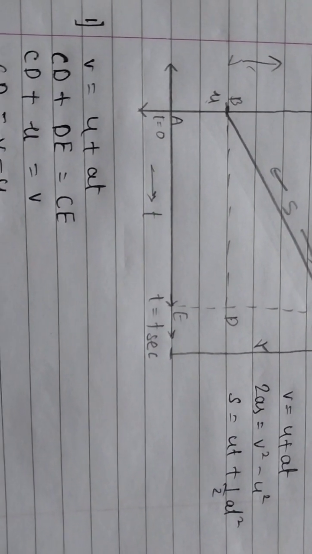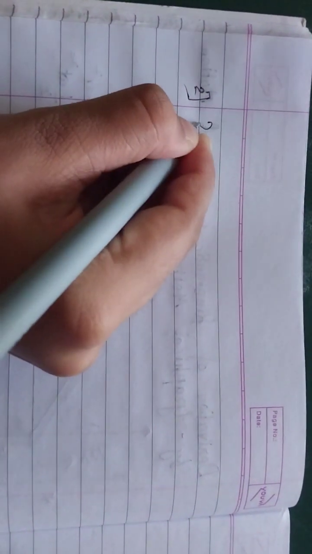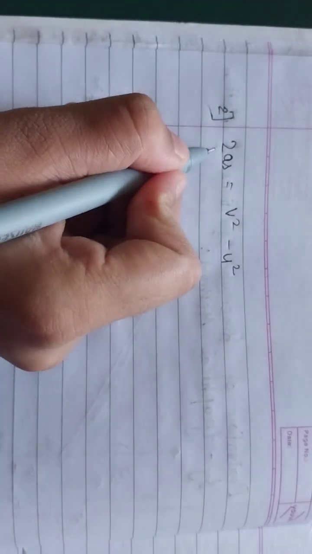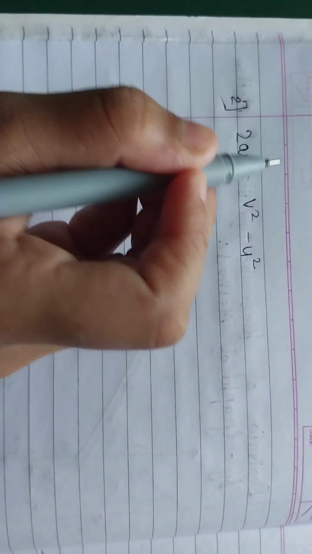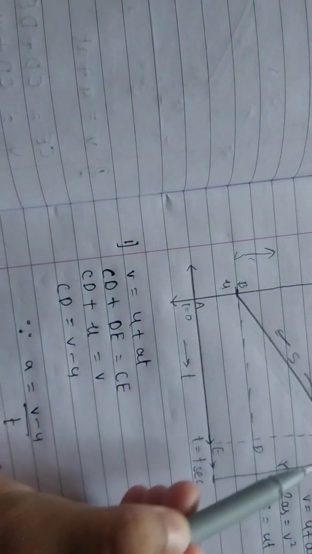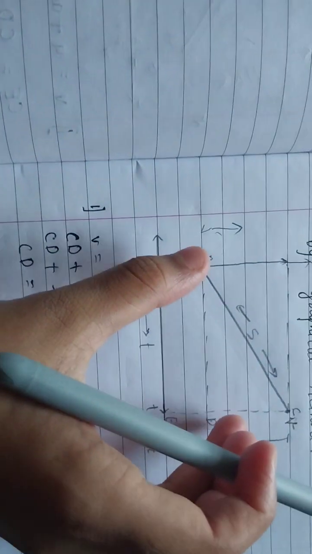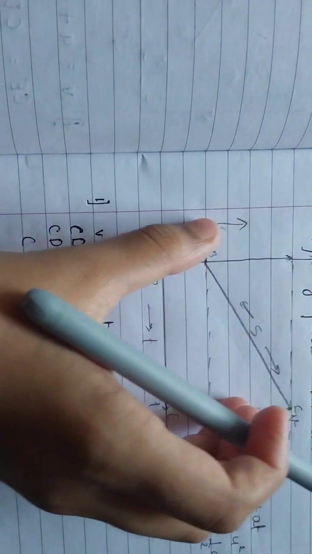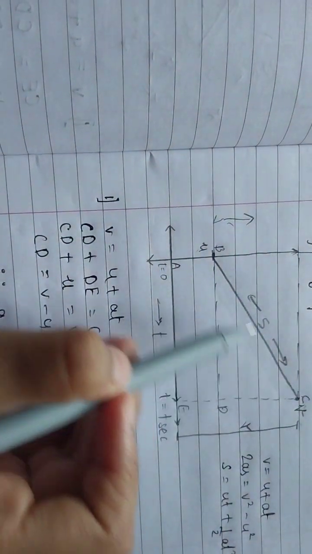Now let us derive the second equation of motion, that is 2as is equal to v square minus u square. One thing you can see from here is that the area covered under the velocity-time graph gives us the area of trapezium.